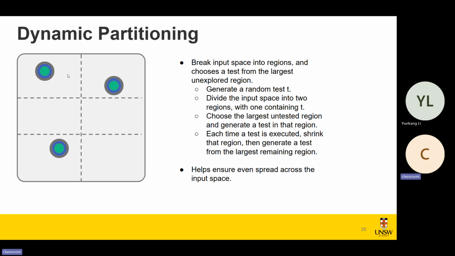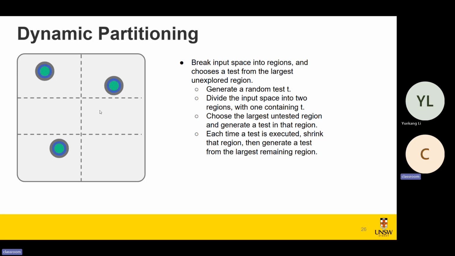And the good thing about this dynamic partitioning is that because it actually also depends on how we do the partitioning here. So the good idea is that we are not starving any input because it makes sure that at least one test input is selected from each region here.